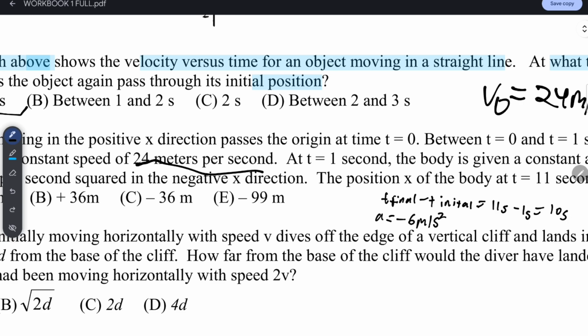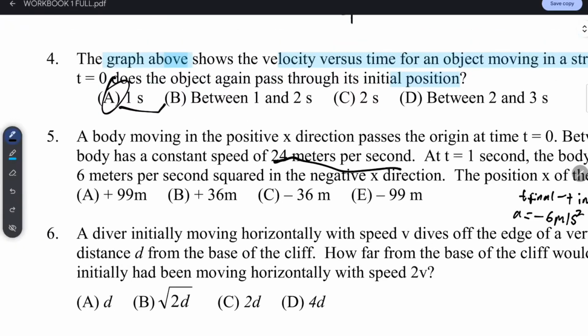Now we use a displacement equation for the constant acceleration. So we have delta x2 is equal to v1 times delta t2 plus 1/2 a delta t squared.